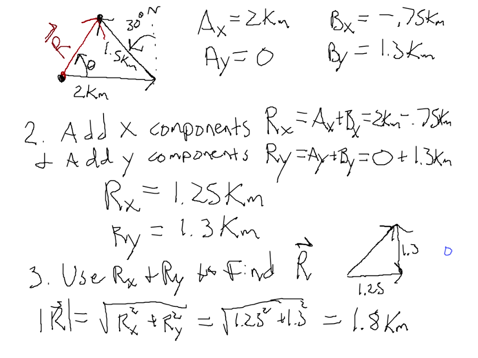We also need to find the direction. The direction would be this angle right here. Since we know the opposite side, 1.3, and the adjacent side, 1.25, then we can use tangent. I'm going to erase what we did in step 2 now so that we can use this part of the screen.